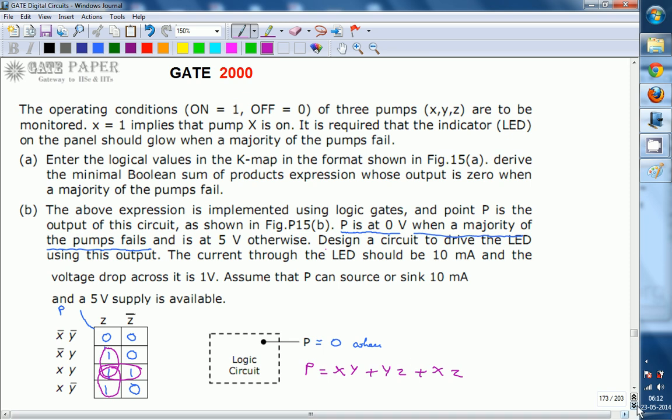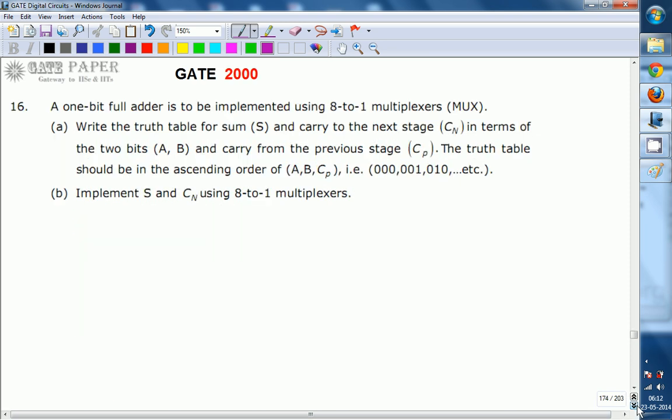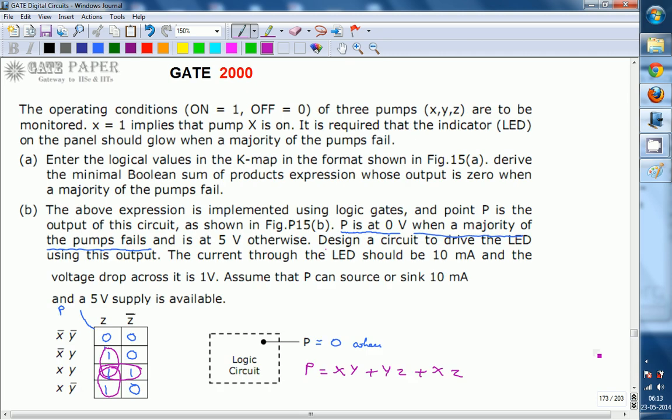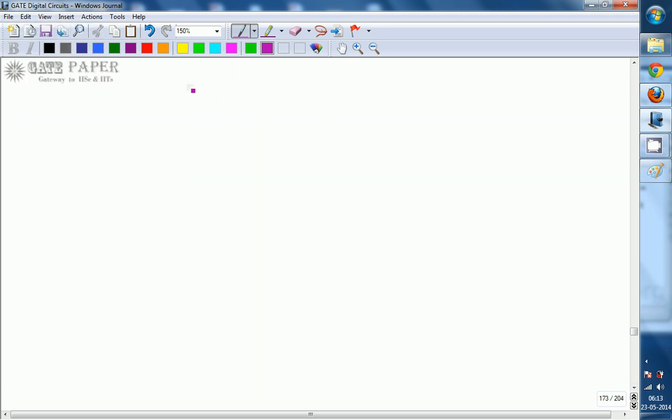So now we will draw this circuit. Given that P is equal to xy plus yz plus zx, or xz, what we require is three two-input AND gates.